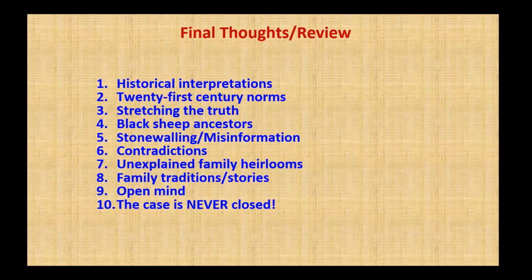Number two, and this fits in with what I just said, 21st century norms, unfortunately, are irrelevant to historical circumstances. What happened in the past happened. Some of it is good, some of it is not so good. Most of the people I deal with, they realize that, and that's something they accept and they go on.